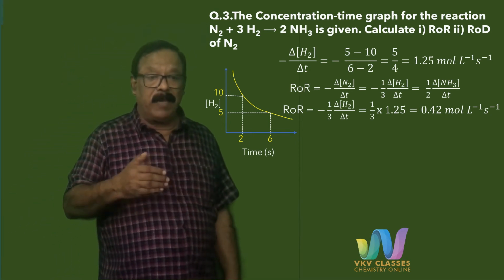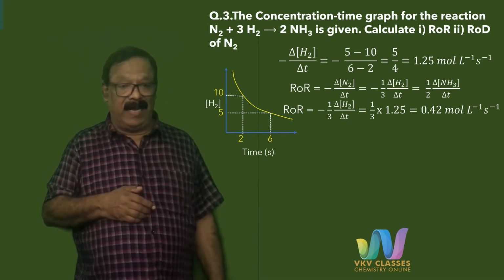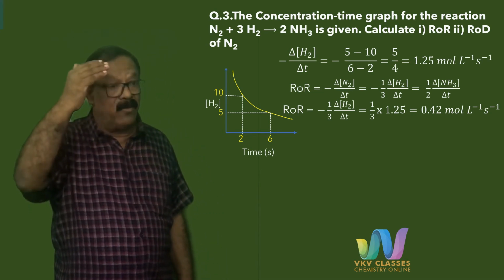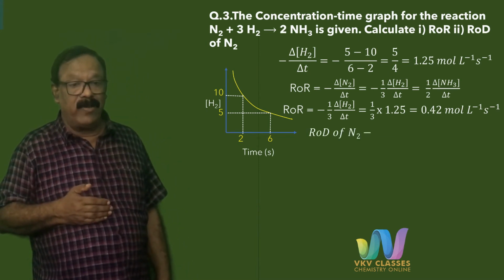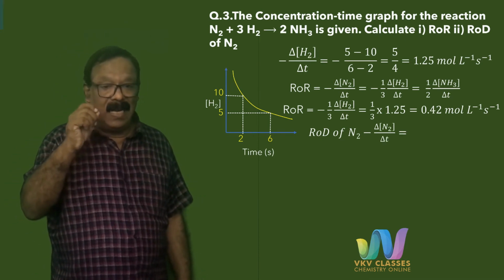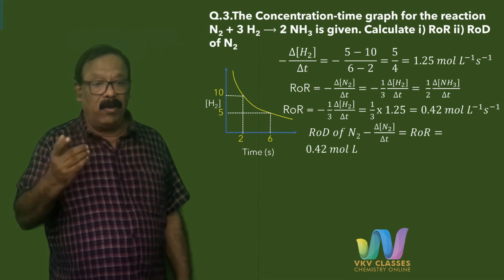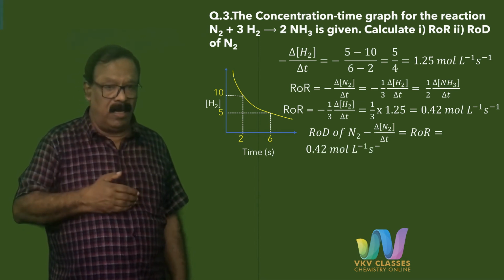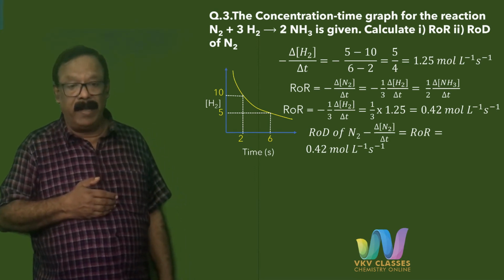Secondly, what you are asked is the rate of disappearance of nitrogen. Right? So the rate of disappearance of nitrogen is given by the equation minus delta N2 by delta T. This will be equal to the rate of reaction, because there is only one mole of it. It is 0.42 mole per liter per second.